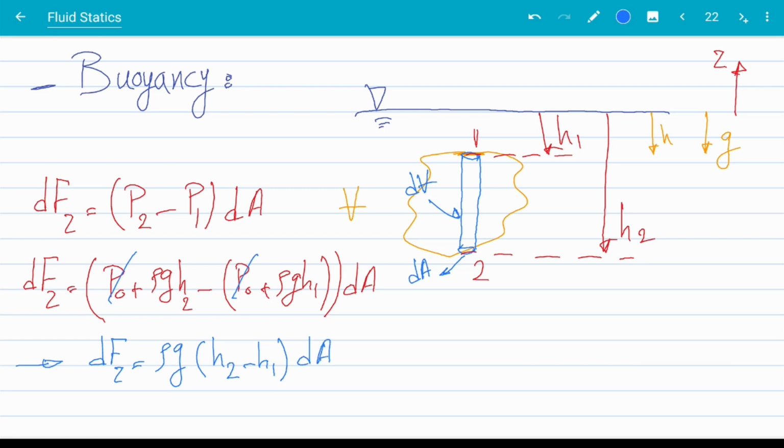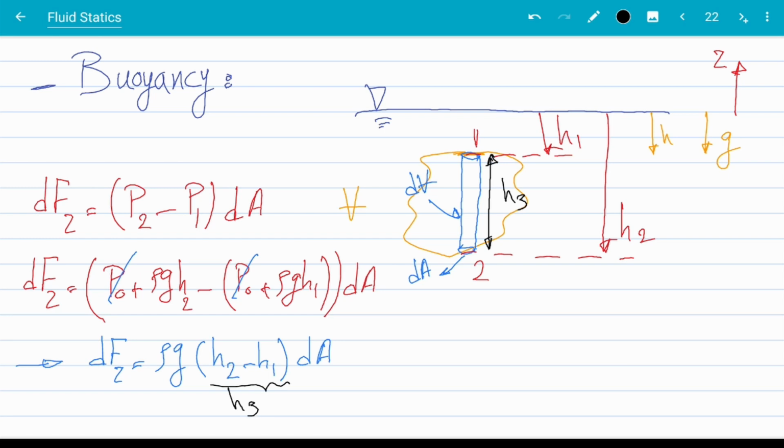Now, something very interesting. h2 minus h1 is actually the height of this blue element, right? I'm just going to call it h3. So h2 minus h1 is h3, the height of the element.